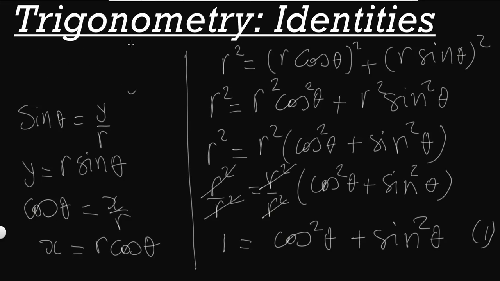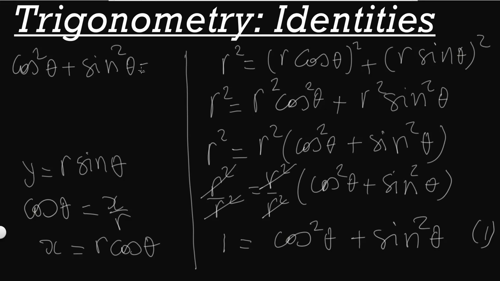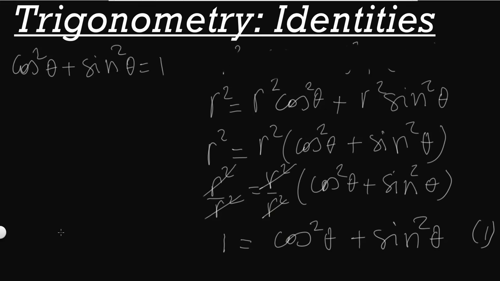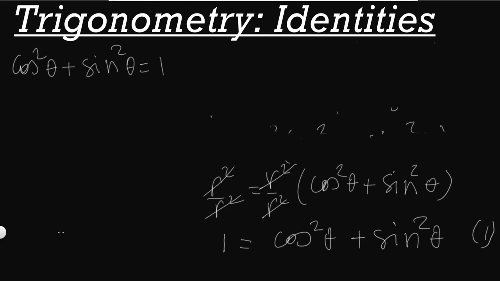So you can also write it in this way: cos squared theta plus sine squared theta equal to 1. So this is our first identity. Very important. All right. Now, from this identity you can find other identities.